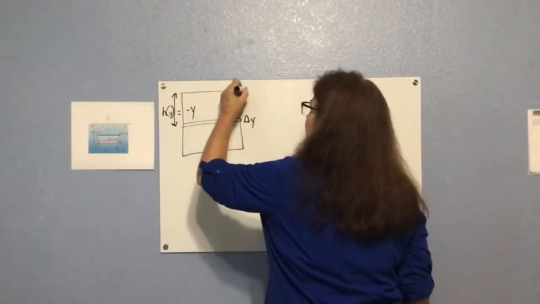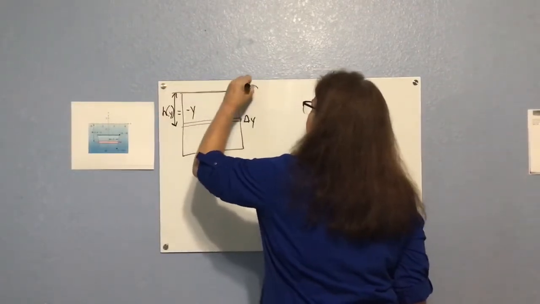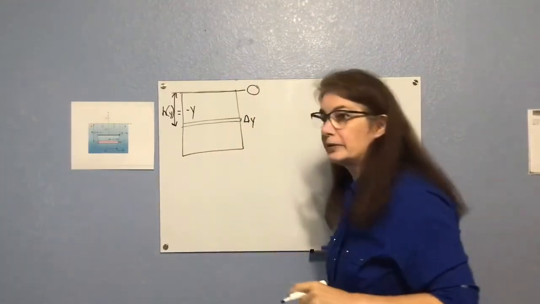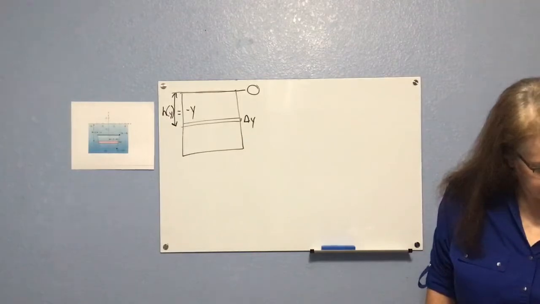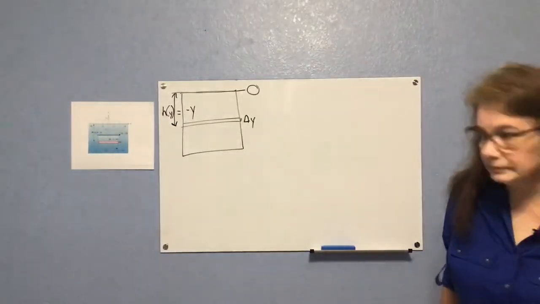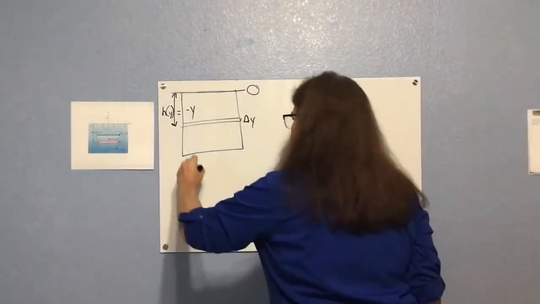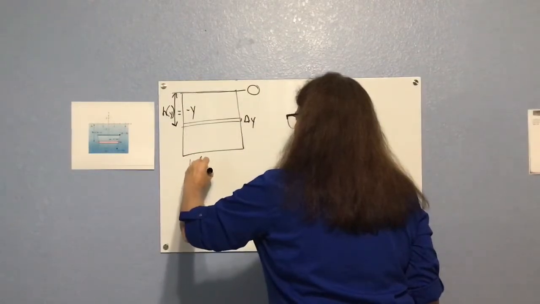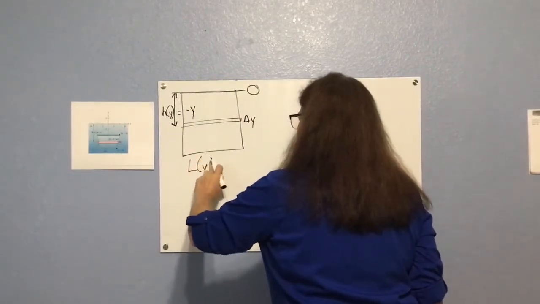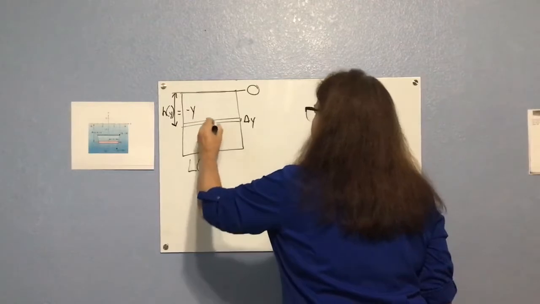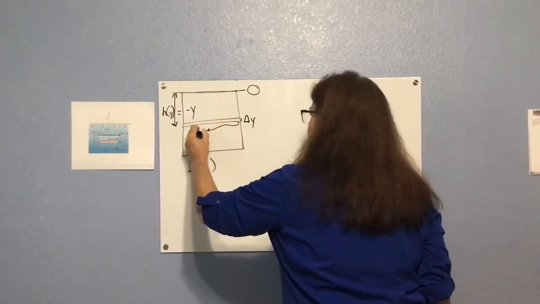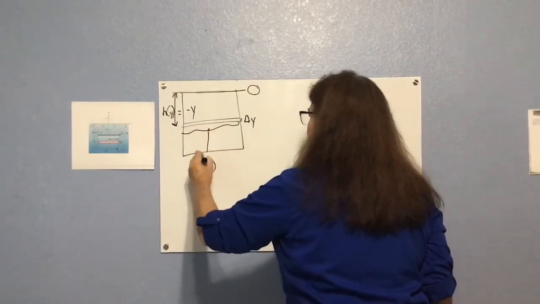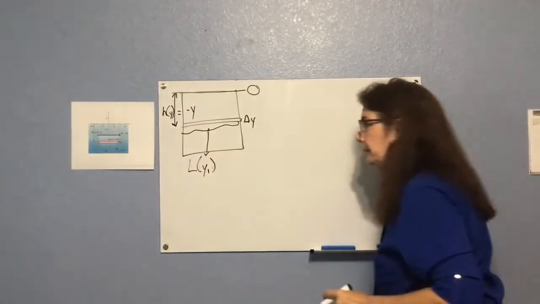This is assuming that we consider the surface of the water to be 0. And then the length of this plate we'll call L of y.